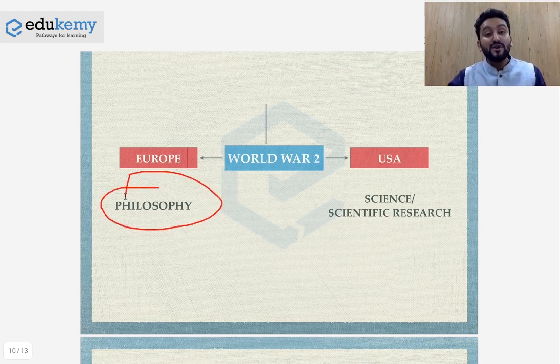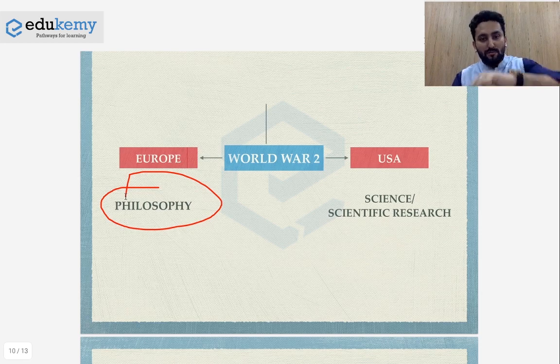That's why for the concepts of justice, liberty, rights, we see major contribution of European thinkers. When we cover Western political thinkers, we are going to talk about Machiavelli, Aristotle, Plato, J.S. Mill, Locke. All of them belong to Europe.